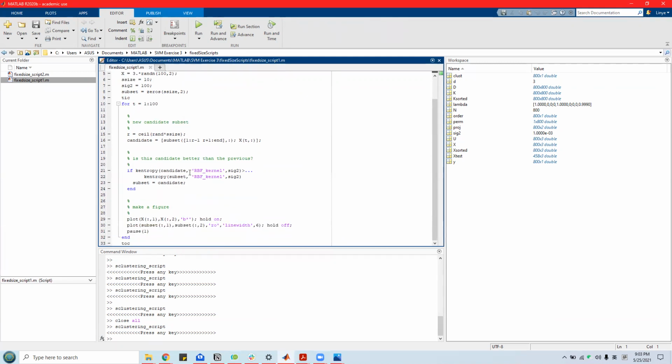So this sigma 2 is in the RBF kernel. I think it's one of the parameters of the RBF kernel.